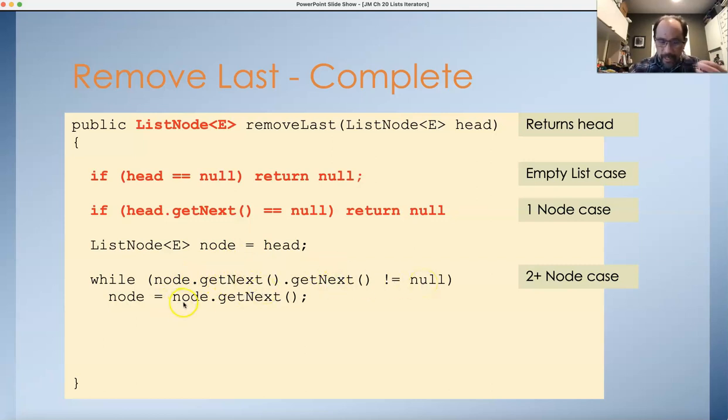Once we find the second to the last node, we set that to null, and then we return the head, which is basically what was supplied to us. So this is the more complete case where we thought about all the corner case conditions, and again, in this particular case, it's the beginning that we have to be extra careful about.